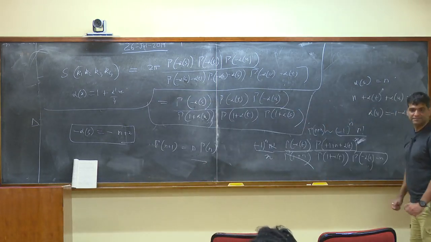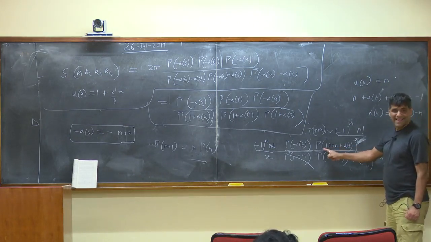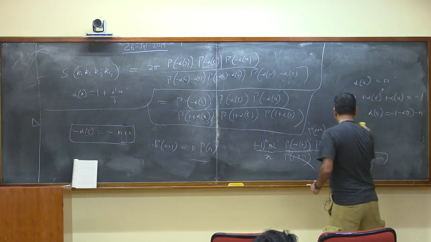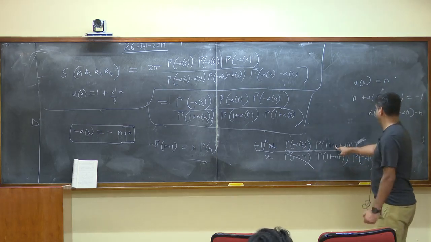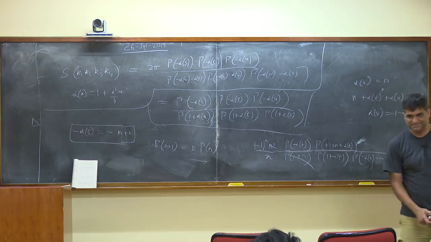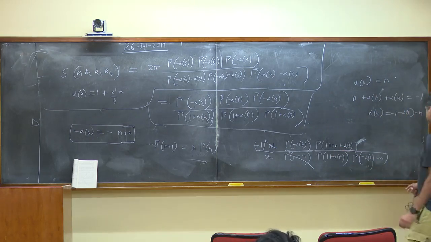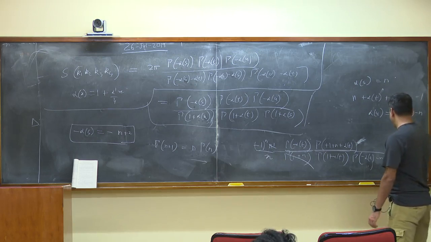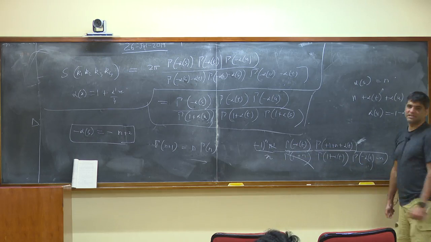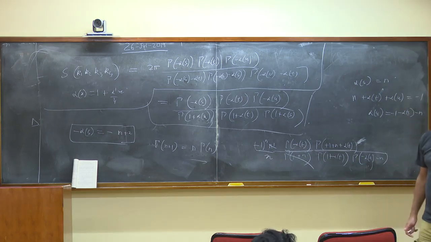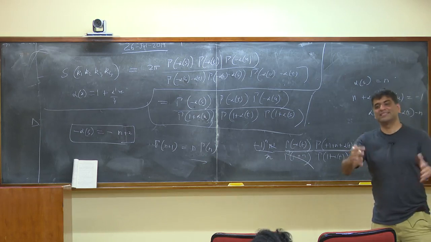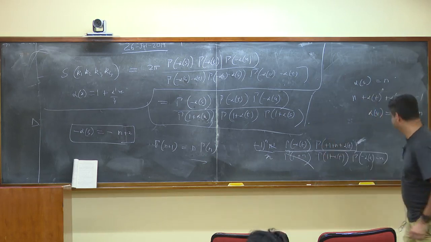Actually we can do better, because notice that this quantity has the argument of this n more than the argument of this. And notice also that the argument of this is n more than the argument of this. And then we use the property that gamma of n plus 1 is n times gamma of n.